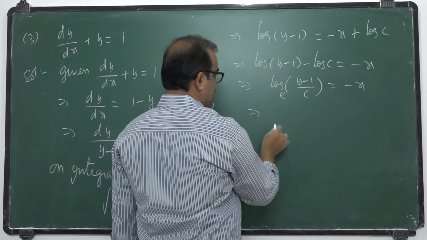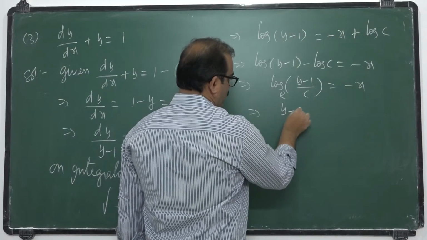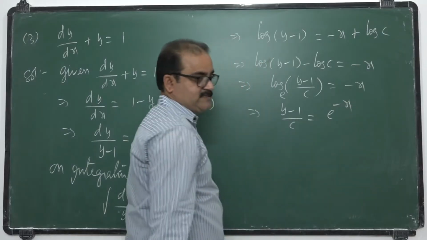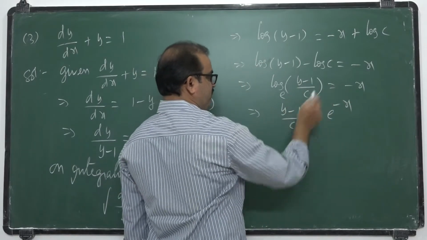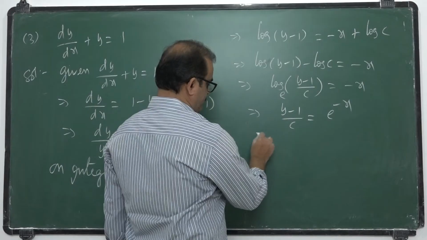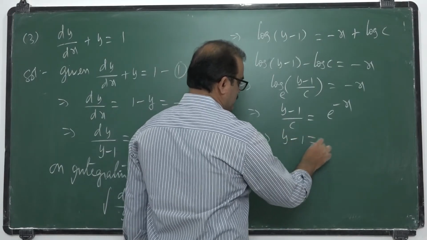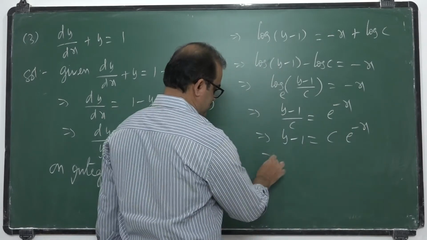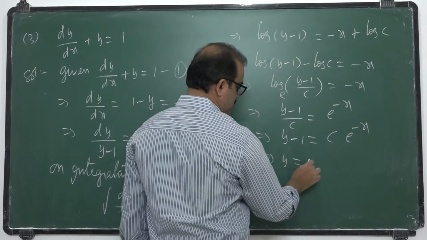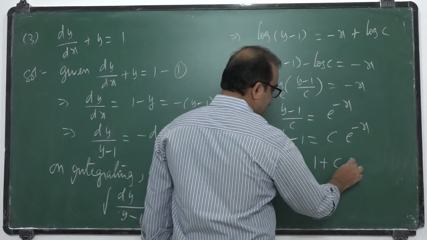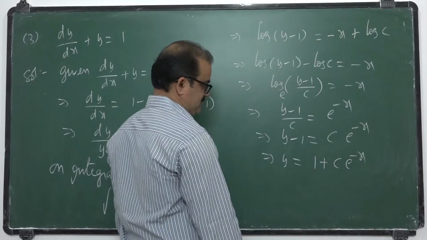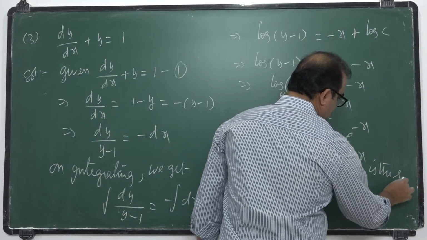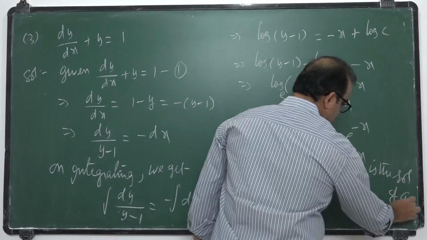From the definition of logarithm, y minus 1 by c is equal to e to the power of minus x. Now y minus 1 is equal to c into e power minus x on cross multiplying. Therefore y is equal to 1 plus c into e power minus x, the solution of equation 1.